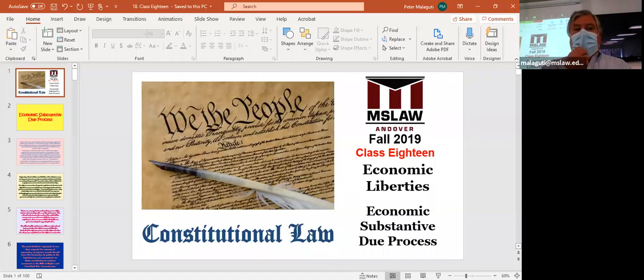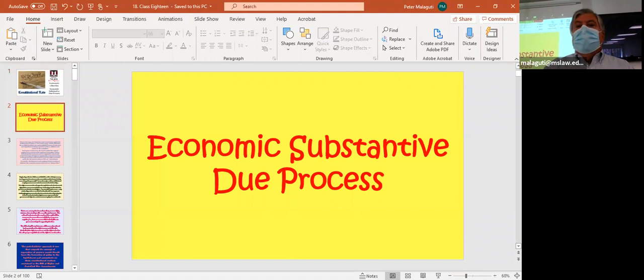And those are the two biggest parts of the 14th Amendment, fundamental rights and discrimination, as well as, as we learned in the last class, the Fifth Amendment in regard to incorporation. So let's get going here.